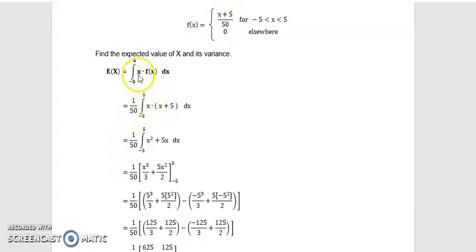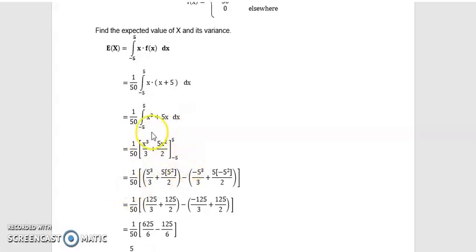Then x multiplied by f(x), where f(x) is x plus 5, dx. Expand this part: x multiplied by x gives x squared, plus x multiplied by 5 gives 5x.